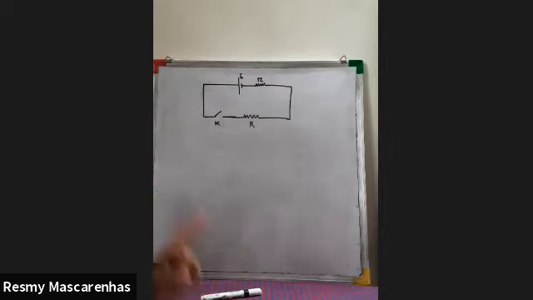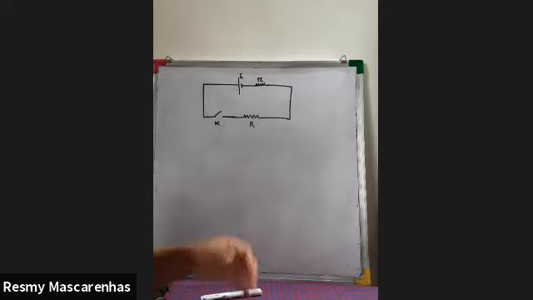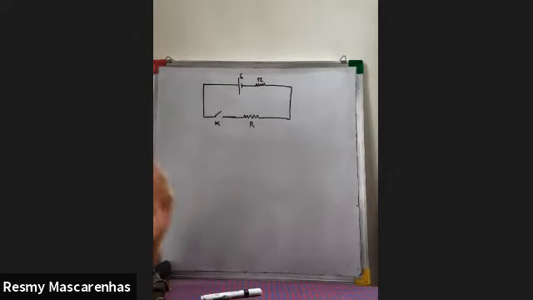I am repeating again. When I say key is open, it means current is not flowing. If current is not flowing, what does it mean? The battery is not yet connected to the circuit. Best way to say is key is open means battery is still in your hand. Then what will be the potential of that battery?